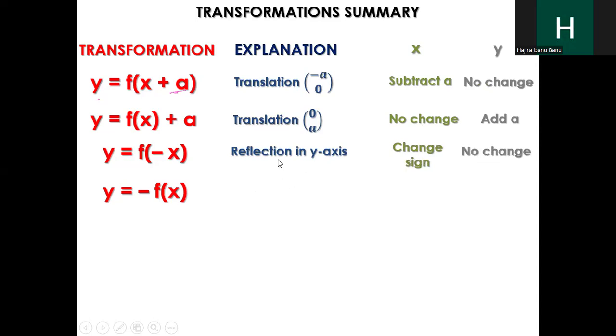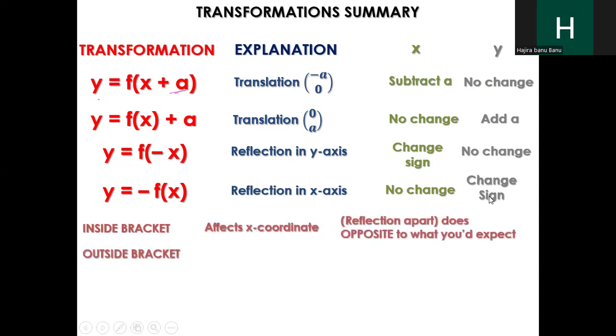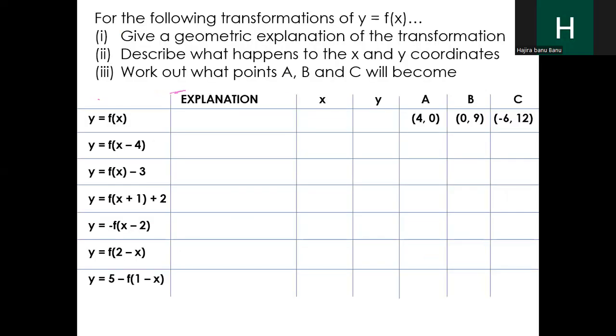And minus f of x is a reflection in x-axis, no change in x value, the y value changes sign. So remember, when it is inside the bracket, f of x affects the x coordinate. When it is outside the bracket, it affects the y coordinate. That is exactly what you would expect.